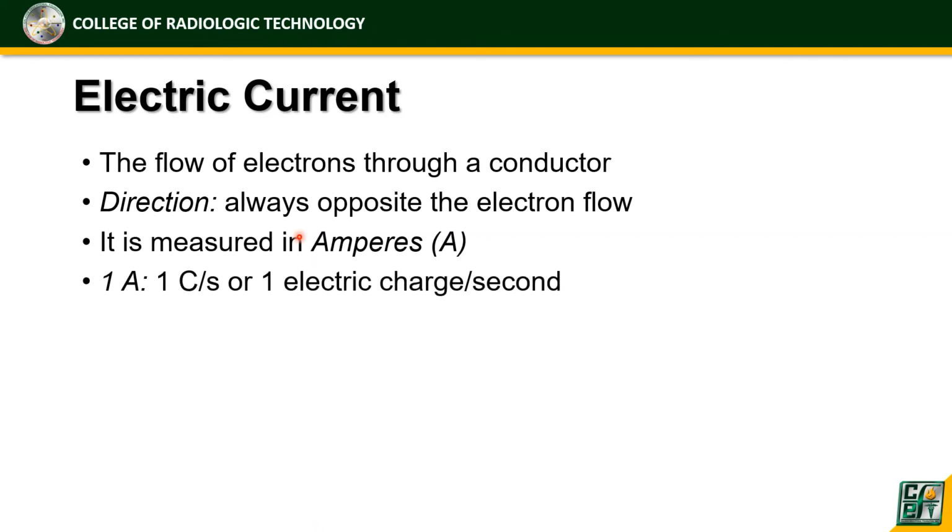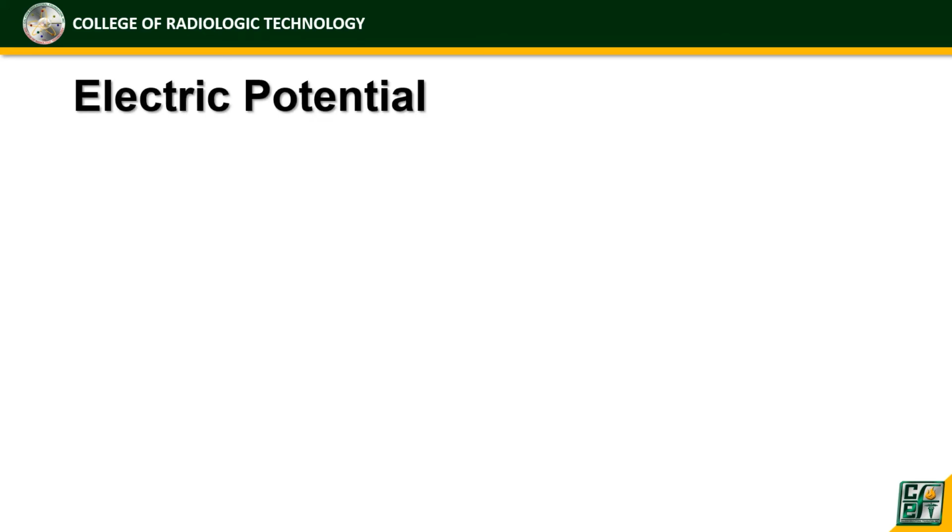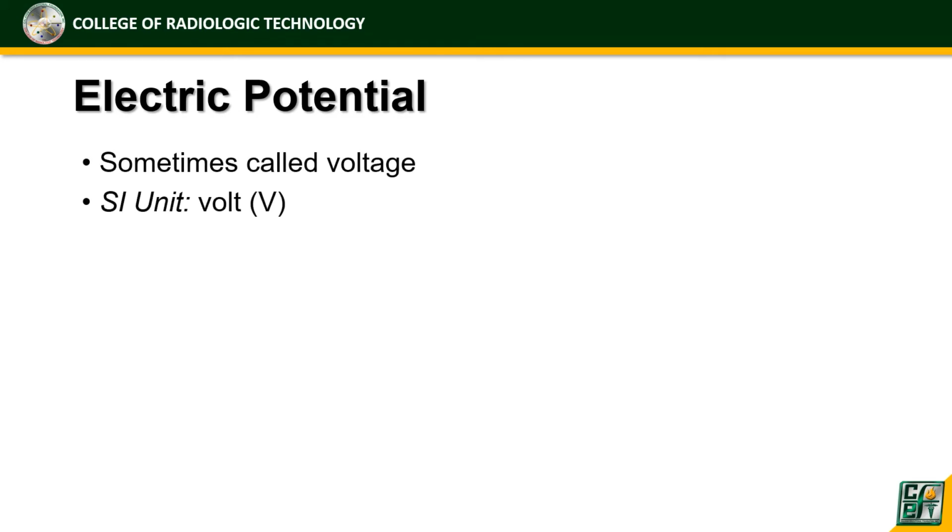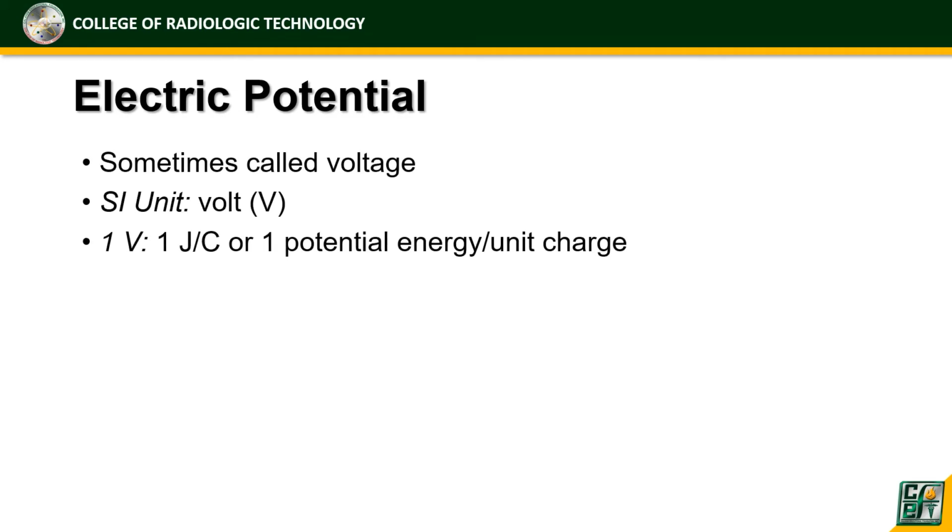Okay, so 1 ampere is equivalent to 1 coulomb per second or 1 electric charge per second. Okay, so remember, tandaan. Again, 1 ampere is equivalent to 1 coulomb per second. Electric potential again, so babalik tayo sa volts. Okay, again, 1 volt is to 1 joule per coulomb.